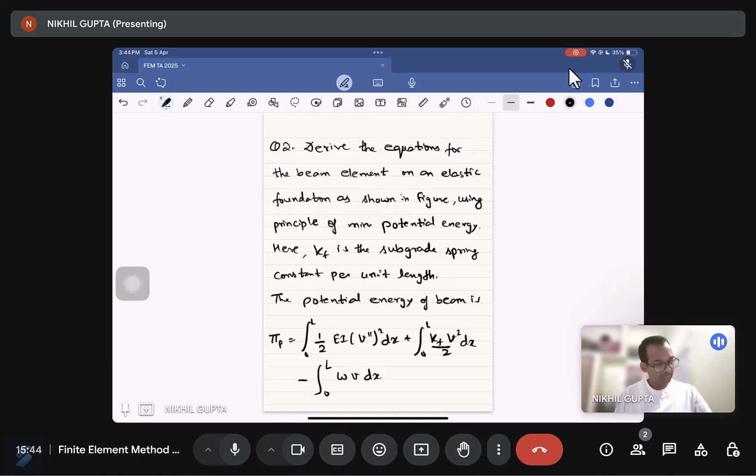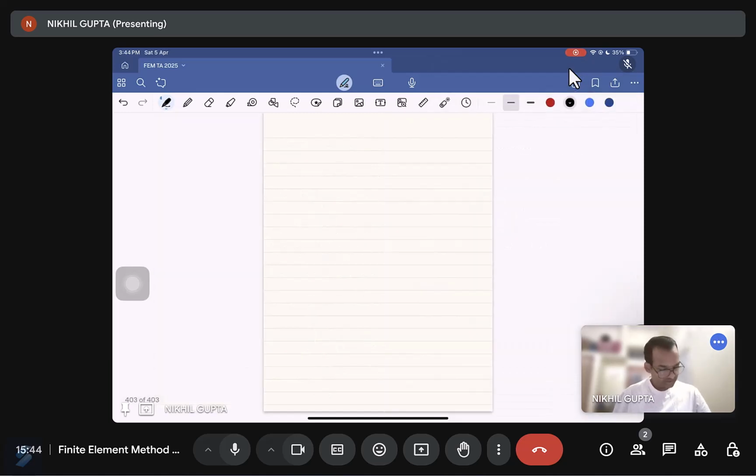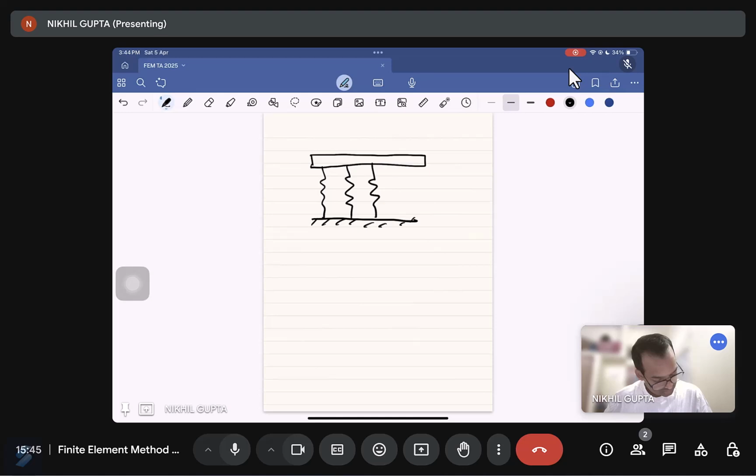Okay, so the figure I'll make on the next page. So this is the beam on the elastic foundation. Okay, so this is now the loading. What is given is like this, which is wx, and the length is L of the beam.